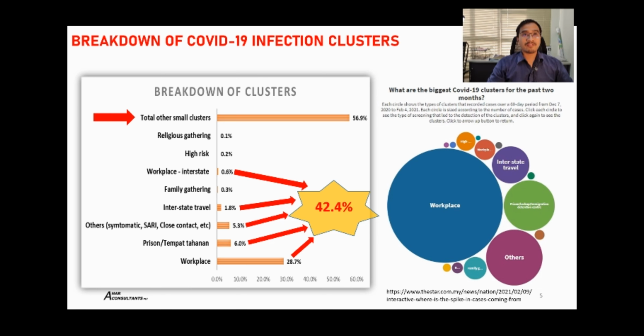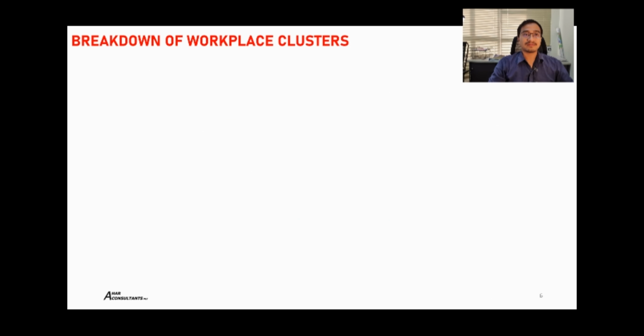The other 57% are a summation of small clusters, which include hospital screening, Siri screening, community screening, symptomatic screening, and etc. As can be seen, other clusters like close contact, family gathering, high-risk infection, and religious gathering are very small, less than 1% each.